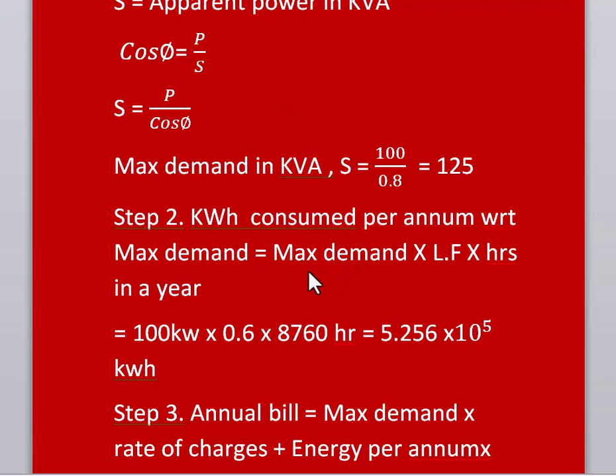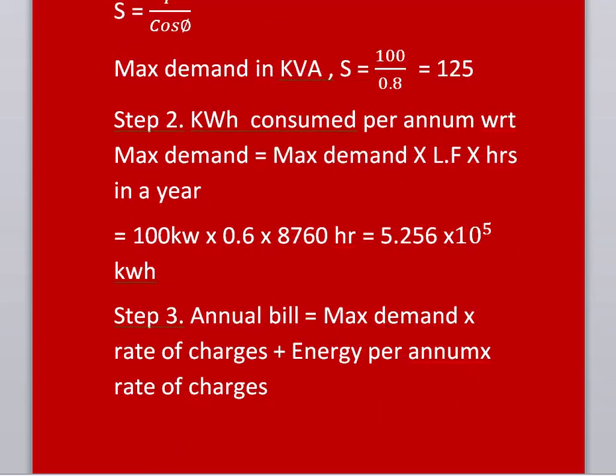But we use here maximum demand in KW only up to here. So maximum demand is 100 kilowatts into load factor, which is also given, 60% means 0.6, into number of hours in a year, that is 8760 hours. After simplification we get 5.256 into 10 power 5 kilowatt hours.